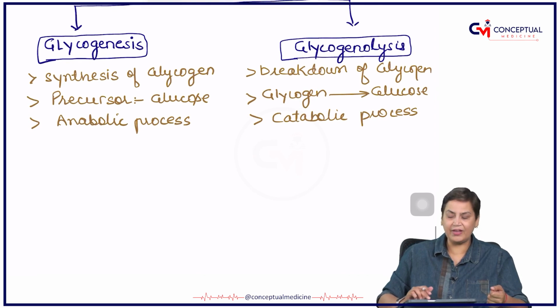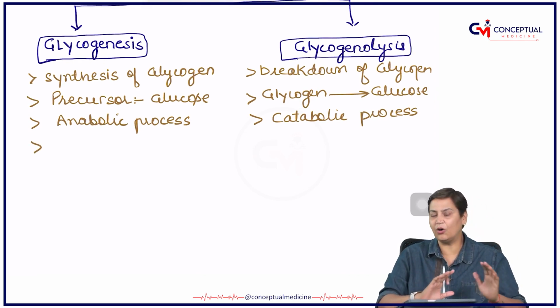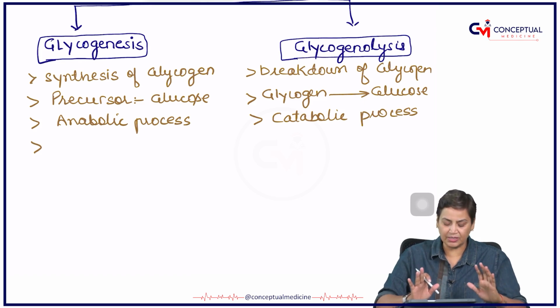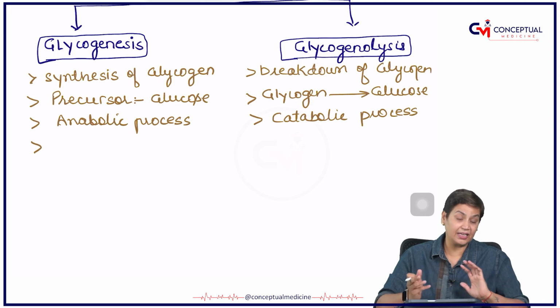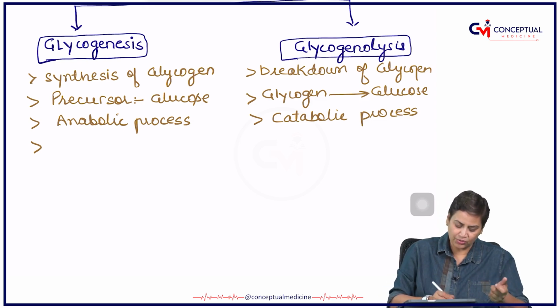And then the fourth very important point: after seeing all the videos on carbohydrate metabolism, you should now be able to differentiate between genesis and lysis, that is, glycogenesis occurs in which state of the body and glycogenolysis occurs in which state of the body. If I talk about glycogenesis, you can very well write on your own that it occurs in the well-fed state.